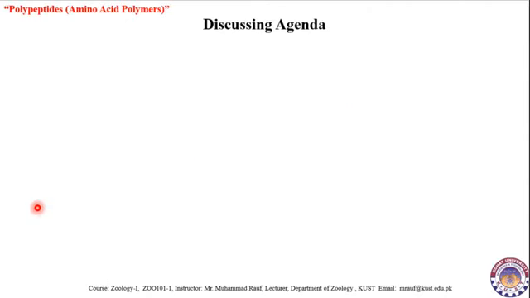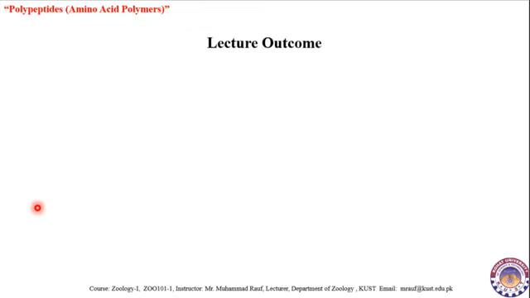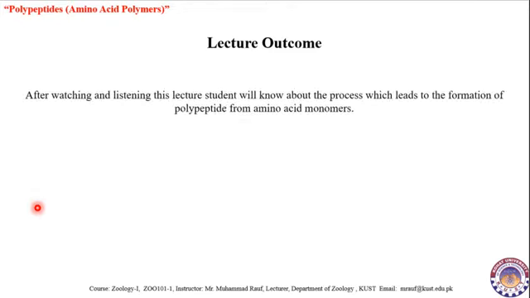Discussing agenda for the topic is making a polypeptide chain, protein structure and function, lecture outcome. After watching and listening to this lecture, students will know about the process which leads to the formation of polypeptide from amino acid monomers.